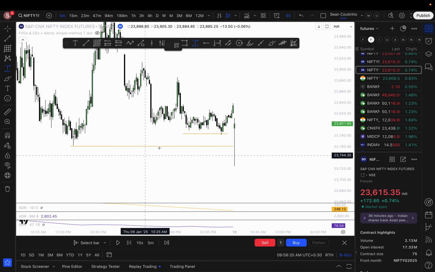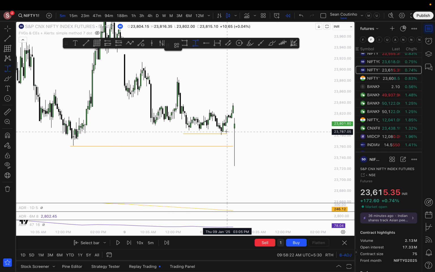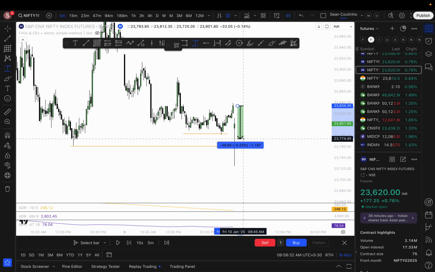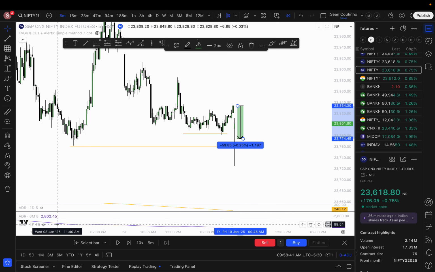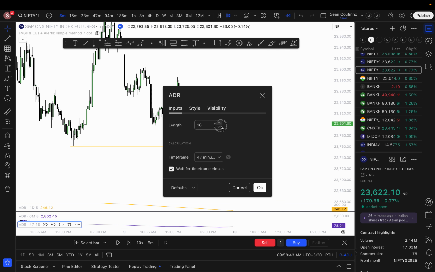Second and third is, if there is a previous day low or previous day POP daily low or whatever high is there, you want to wait for the reaction. This is the reaction I was talking about, so the reaction is already done. Now if it does close within the first 15 minutes, that is the first 3 of the first 5-minute candles, which is 78 right now, or if you want you can make this 8, I usually consider 8.